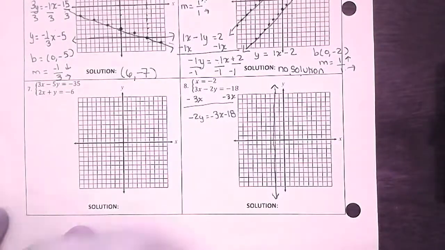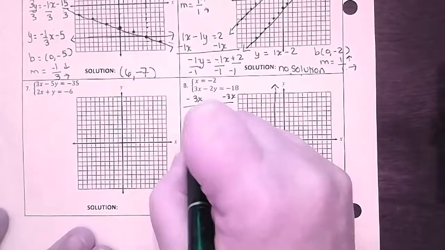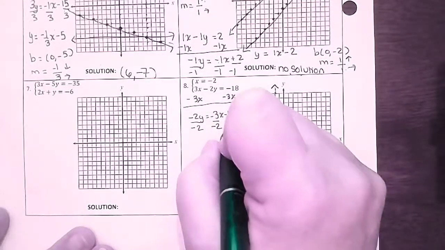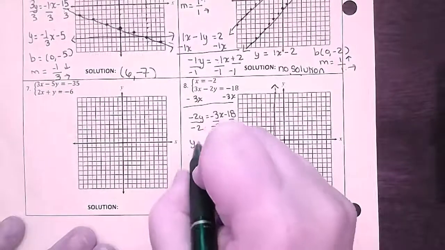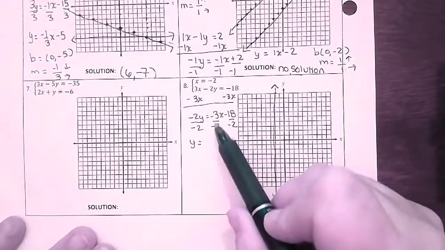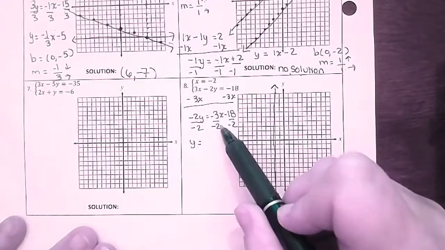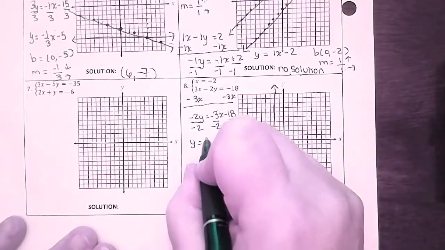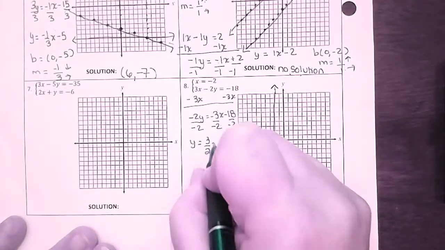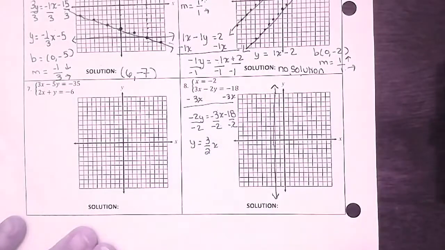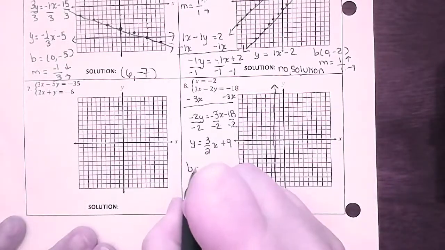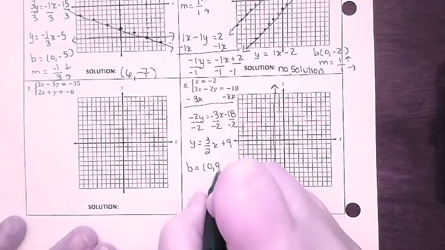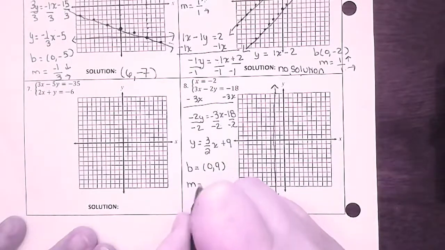And I divide everything by it. -2, -2, -2. So I get y is equal to, now be careful here, you have a -3 divided by -2, that's a positive 3 halves now. And -18 divided by -2 is a positive 9. So my y-intercept is 0, 9, and my slope is 3 over 2.